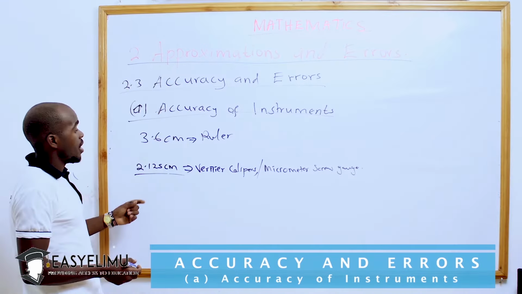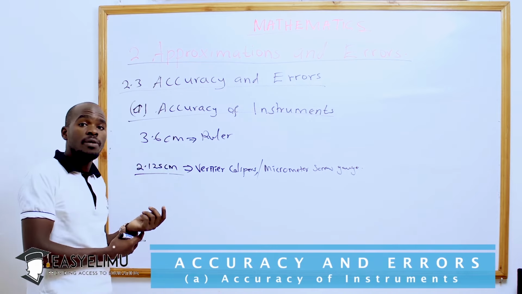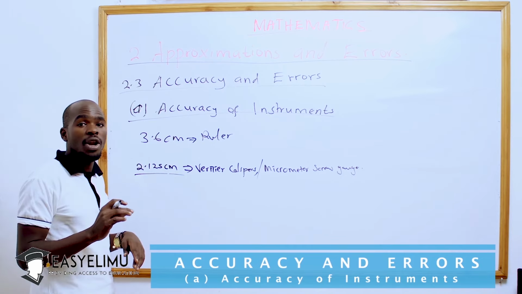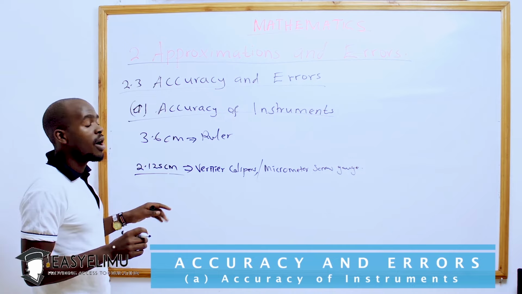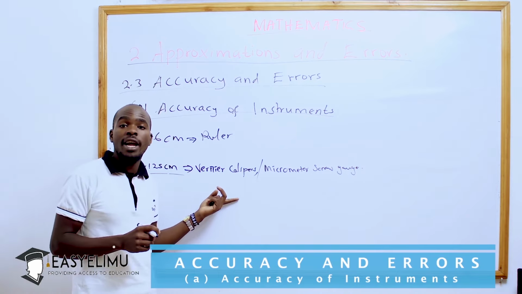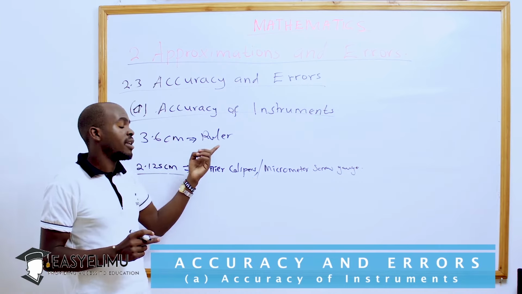So instruments like the vernier caliper or micrometer screw gauge, which give figures with much smaller errors, are more accurate than the others. Like here, the vernier caliper and micrometer screw gauge are much more accurate than the ruler.